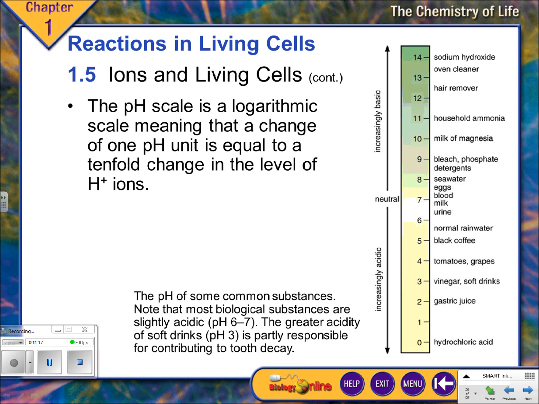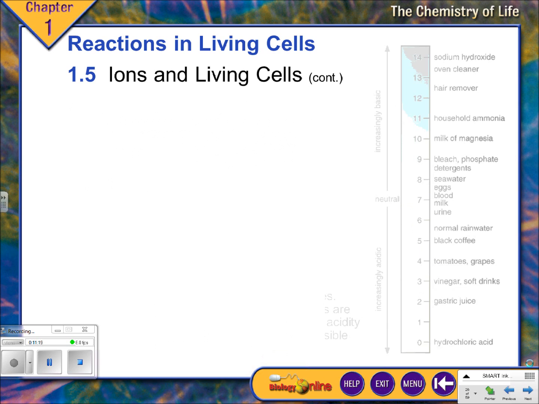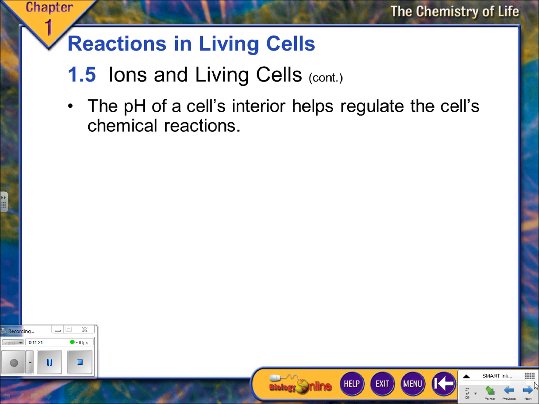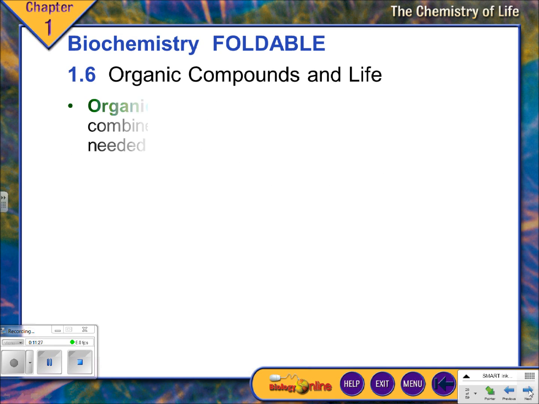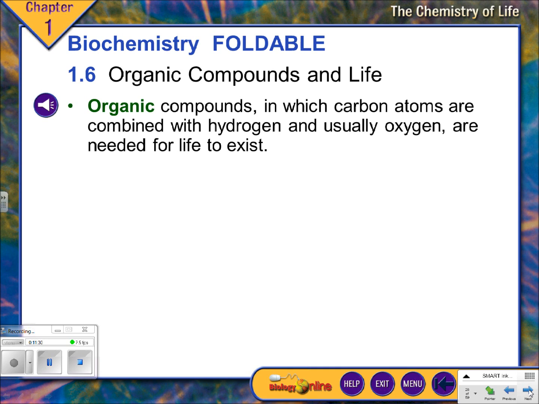And then hydrochloric. Okay, so pH influences if reactions can happen easily or not, just like temperature, just like the amount of water that's in the cell. So it's part of homeostasis, and we'll talk more about that later.